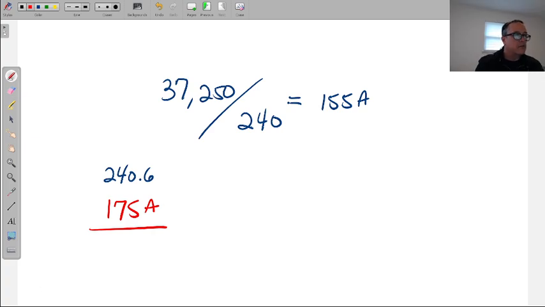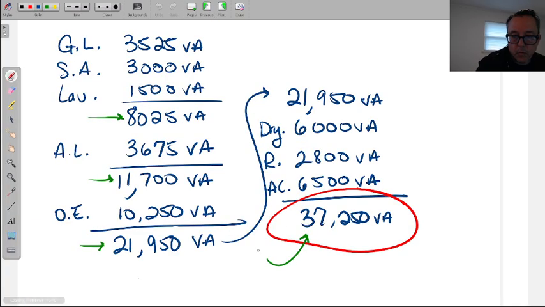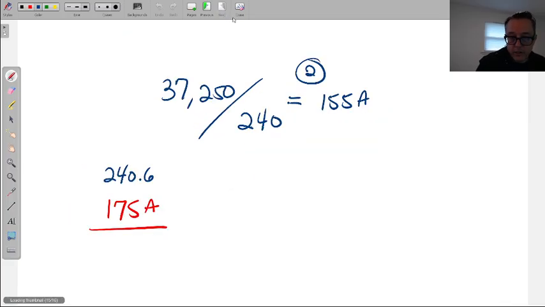Okay, so when it comes to total amperage, 155 is the total amps. Yeah, no, wait, so question two. Let's go back one. This is question one. Question two, 155 amps. All right, that's for question two.